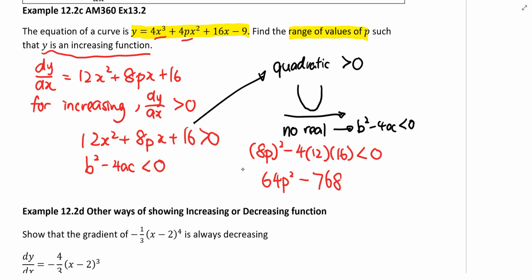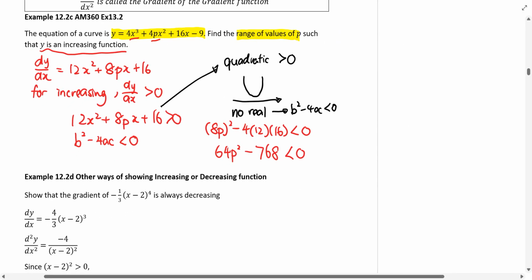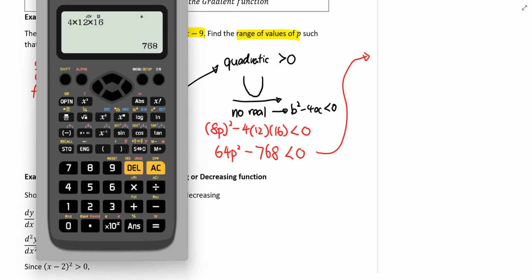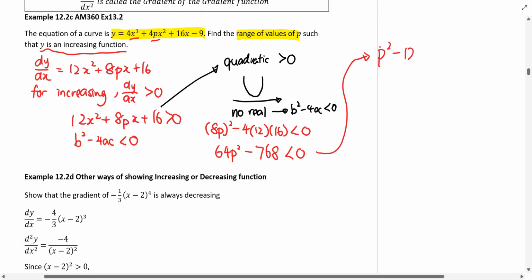Okay, I will write it nicely. Everybody divide by 64. So 768 divided by 64 is 12. So p squared minus 12 is less than 0.